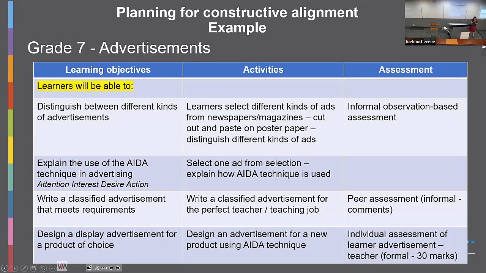Can you see that alignment, right? Your objective, your activities, and your assessment. What you can also do to add another layer to it is, on the side, make another column for your resources. What resources do you need? Do you have to make it? Must the learners bring it? Is it available in your classroom?